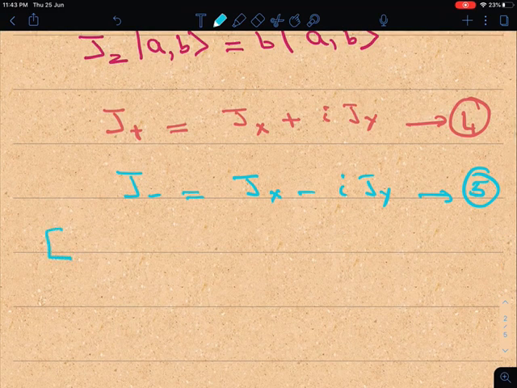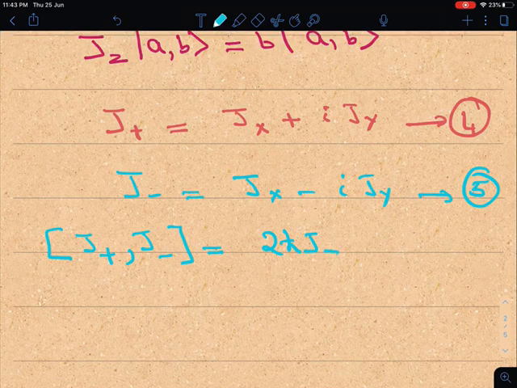And we also discussed the commutation relation between J plus and J minus, and we found that it was equal to 2ħ Jz.